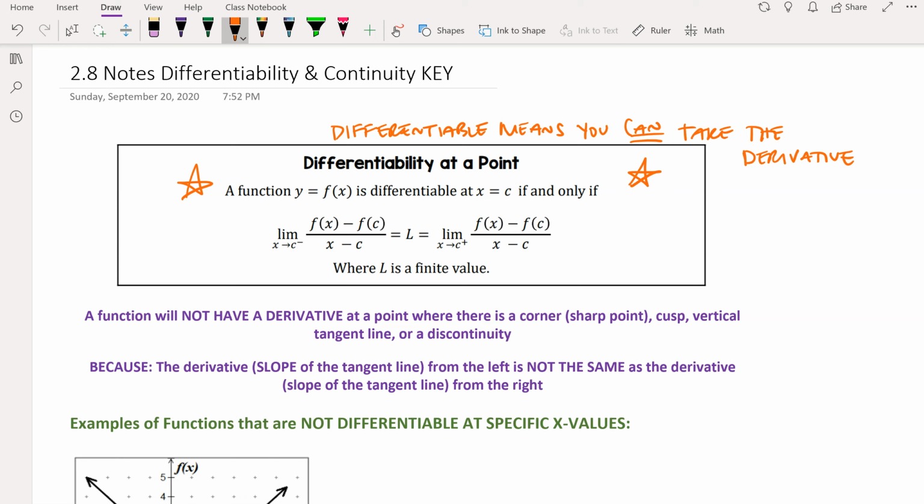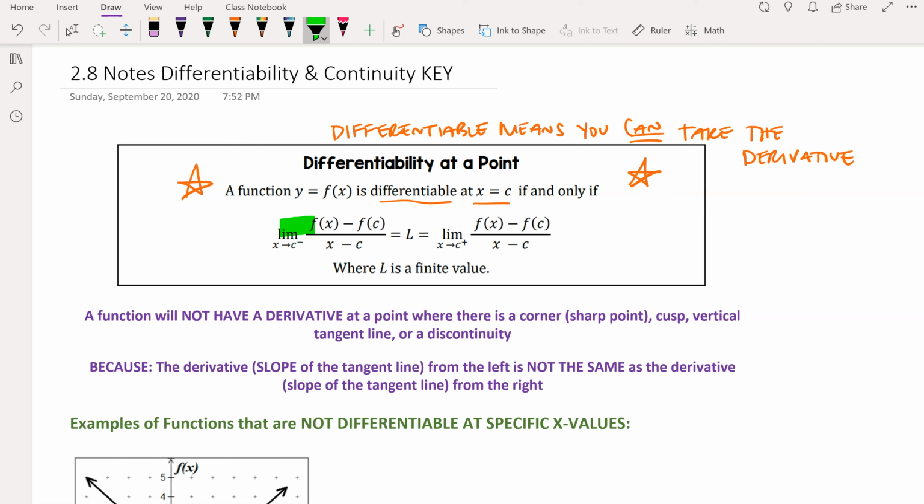So a function y equals f of x is differentiable, or you can take the derivative at the point or at the x value, x equals c, if and only if, and then we have this crazy limit looking stuff where L is a finite value. Okay, so what is this crazy limit looking stuff saying?